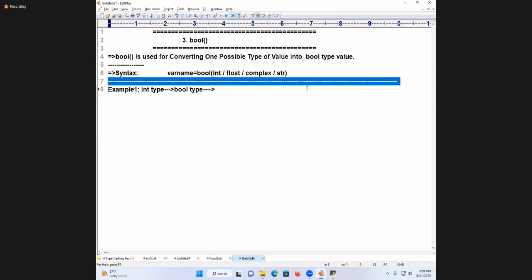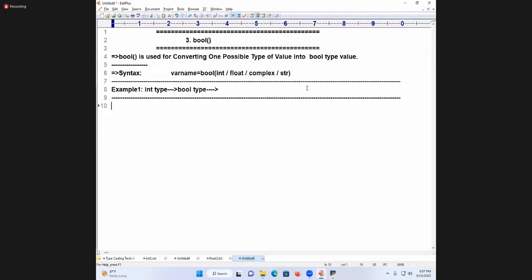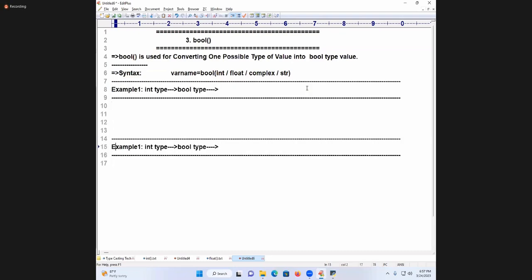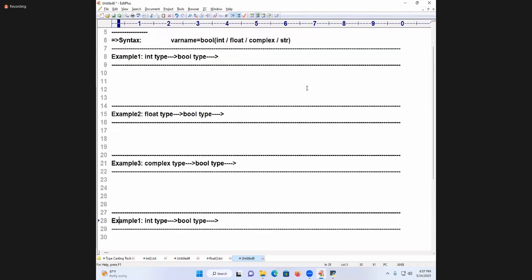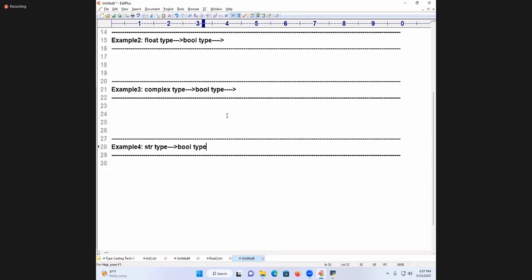Similarly, example 2: float type. Example 3: complex type. Next, str type. And then bool type. Under that, a lot of cases will come or not?